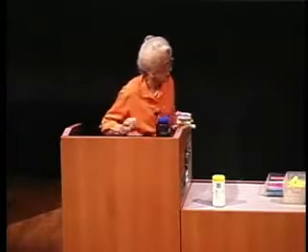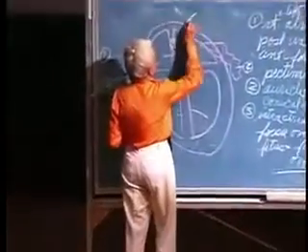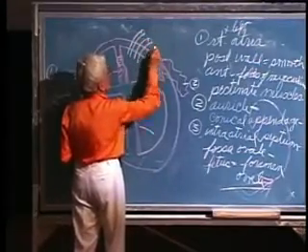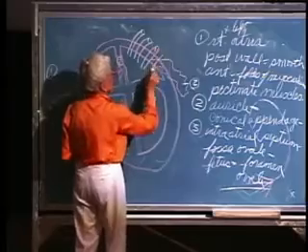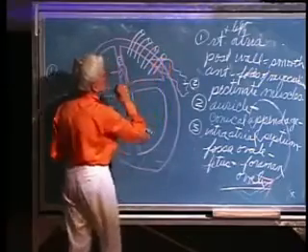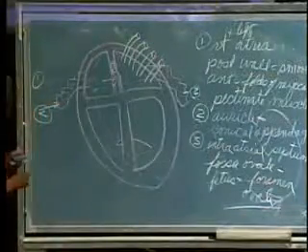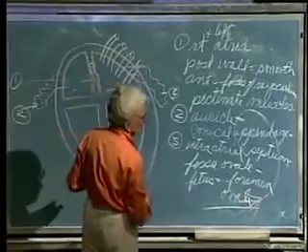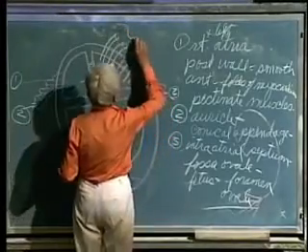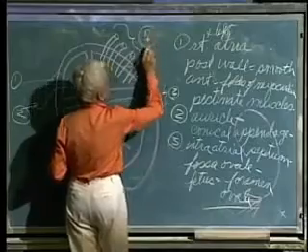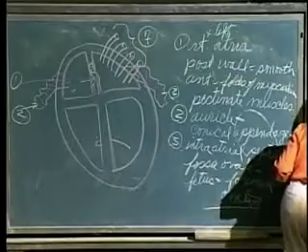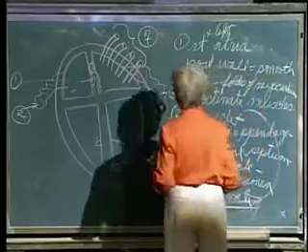Now in the left atrium, what do we have? We have 4 vessels coming in. Very diagrammatic again. And these will be, where are we? 6 will be 7. And these will be pulmonary veins.